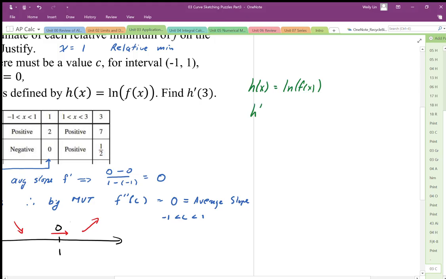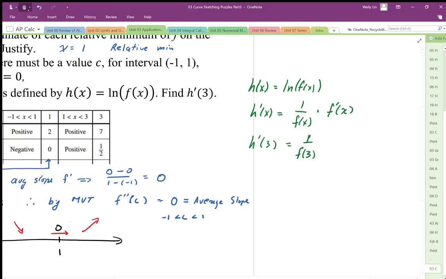So h prime is equal to 1 over f of x times the chain rule, so that's going to be f prime of x. If I want h prime at 3, it's going to be 1 over the f value at 3.